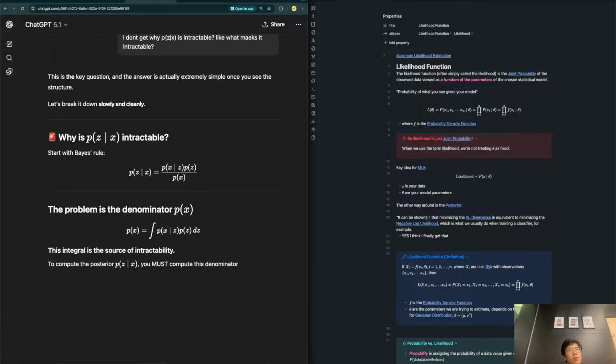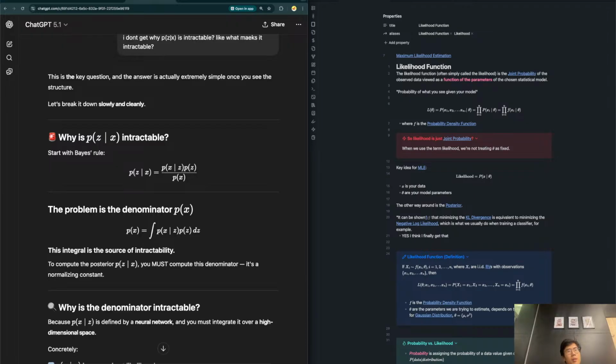And why is it intractable? Because the integral of P of x given Z times P of Z is P of x.